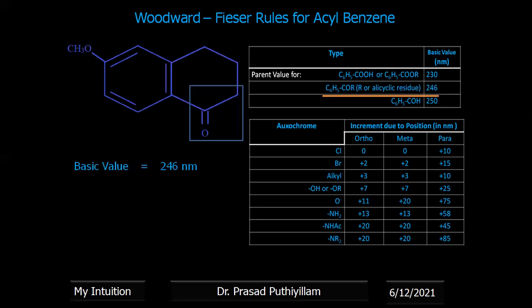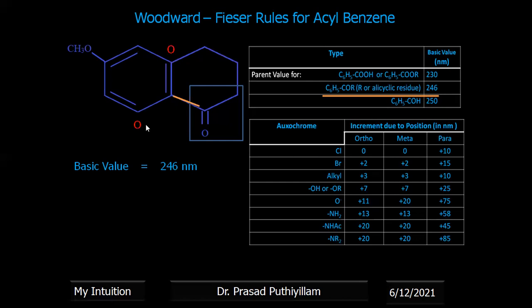Now, how to identify the ortho and para positions. Usually the functional group present on the benzene ring, we consider as the parent functional group, and the remaining positions we consider as ortho, meta, para. So in this case, since an alicyclic group and the functional group are present on this particular side, at this position we consider this as the origin and these are the ortho positions.